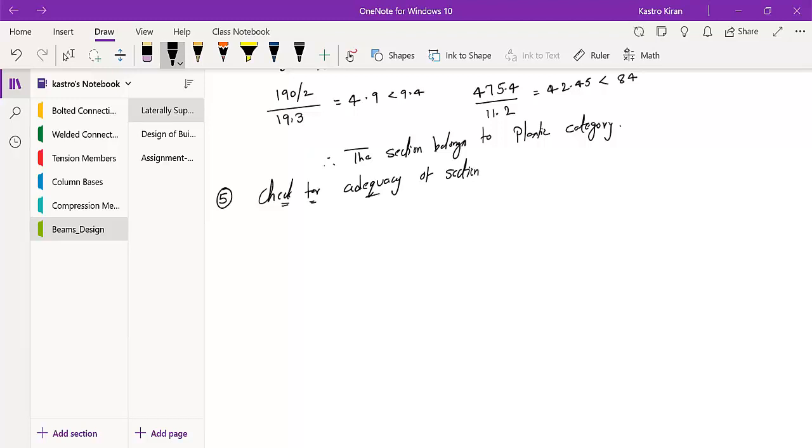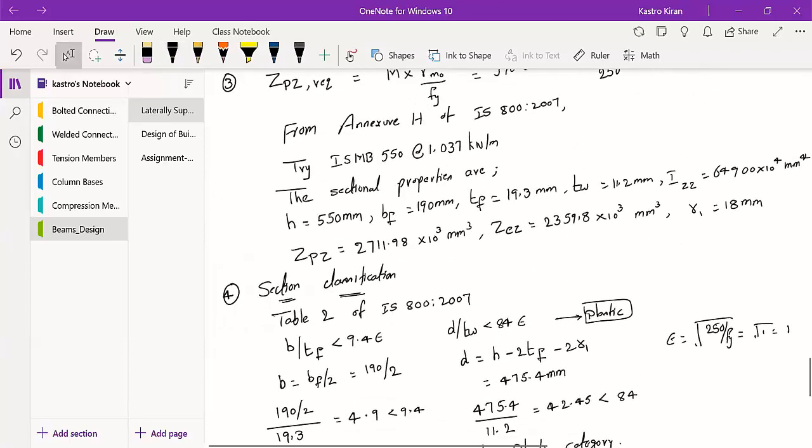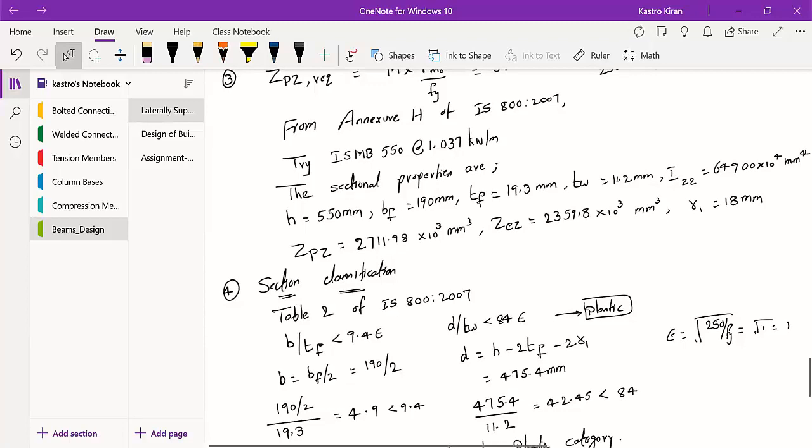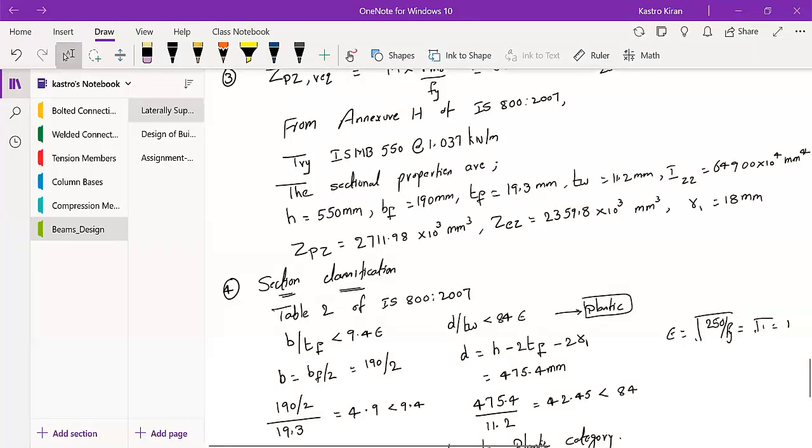It means you have a section which is carrying a UDL and also a point load. That means it is carrying more than one load. So when the section is carrying more than one load, you have to check whether the section which you have selected, that is ISMB 550, is safe or not. Okay, we have to verify that.